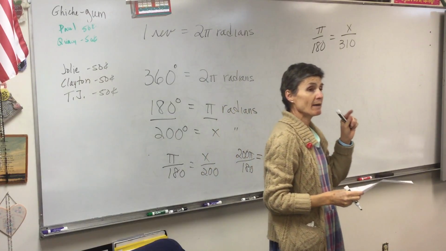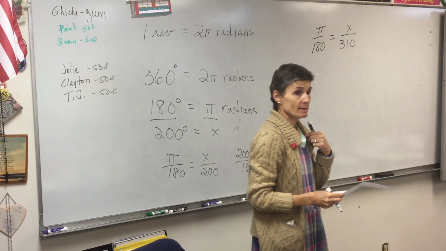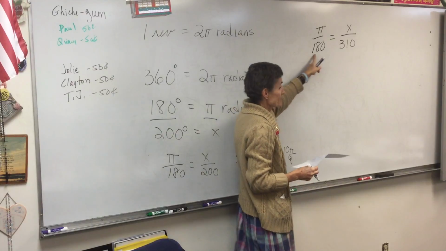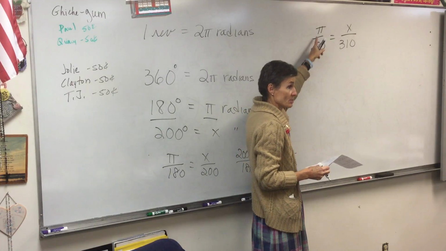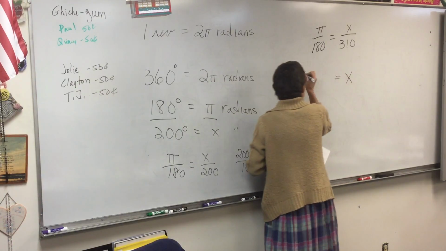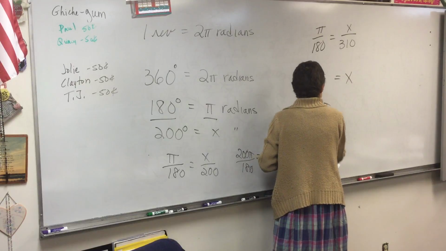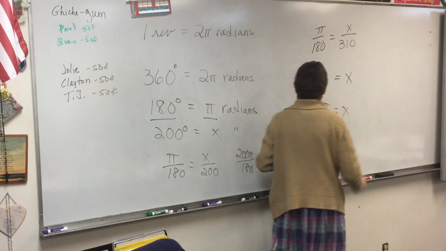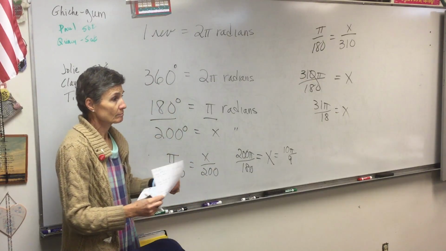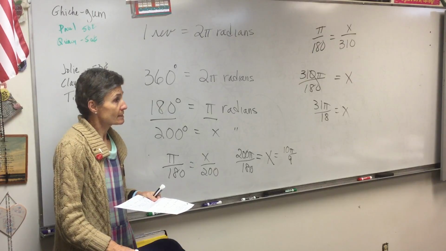Now, why do I have the 310 on the bottom of my fraction? Because 310 is a degree, so it's got to be in the same spot as the degree. This is pi radians, 180 degrees. So, you got an answer yet while I'm standing up here talking? How about, let's reduce it. It looks like 31 pi over 18. Is that okay?